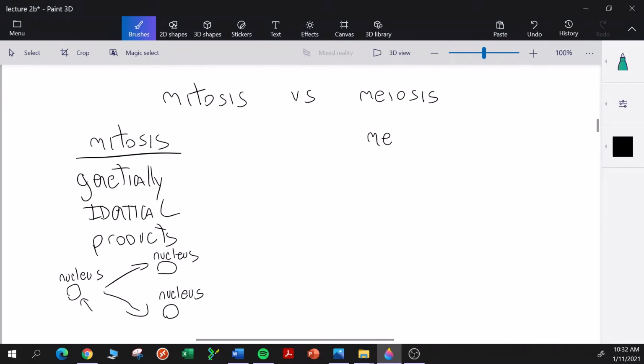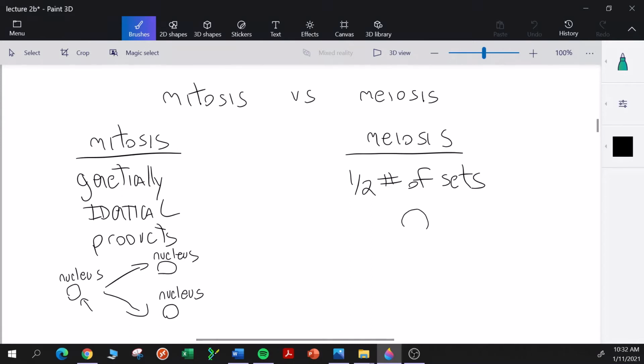Meiosis, on the other hand, now meiosis does a lot of different things, right? But the most important thing is that it should produce products with half the number of, what do you think, chromosomes or sets? It's actually half the number of sets of chromosomes as compared to the parent nucleus.